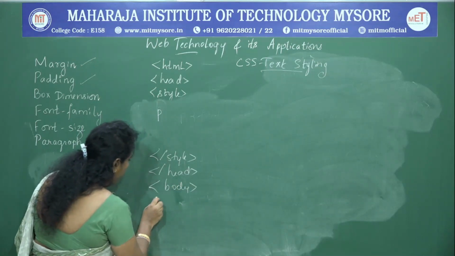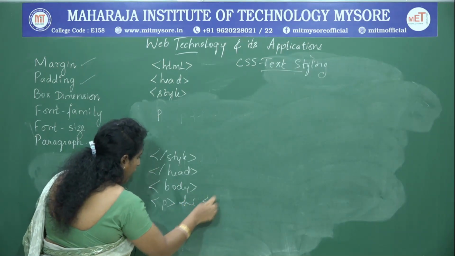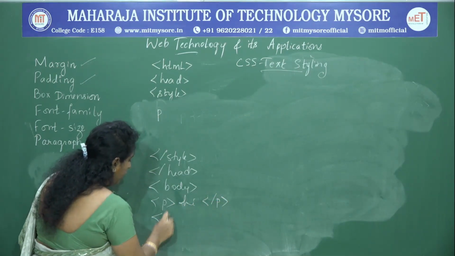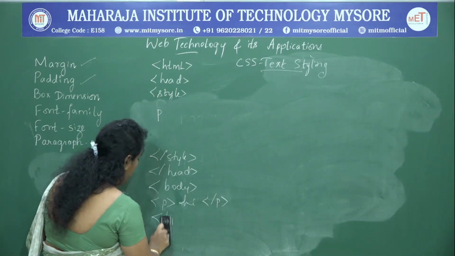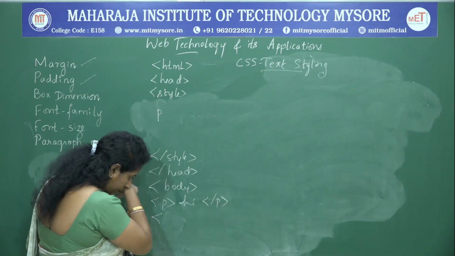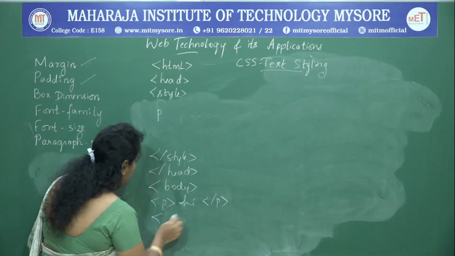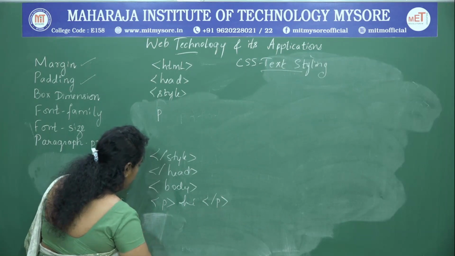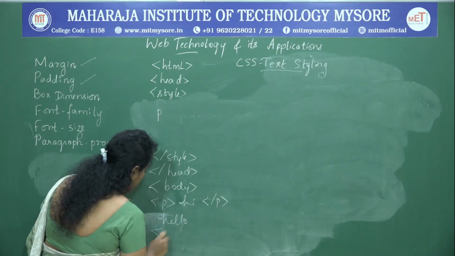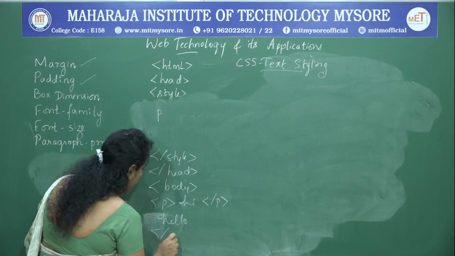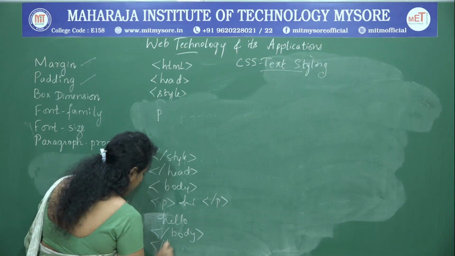Then I will give a paragraph message. Instead of that, I will simply print a message hello, which is not a paragraph. Now I will end the body, and also end the HTML.